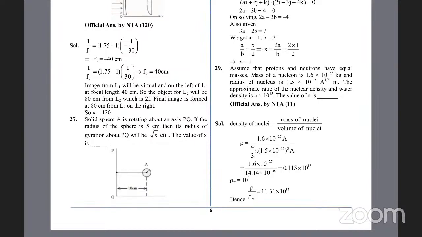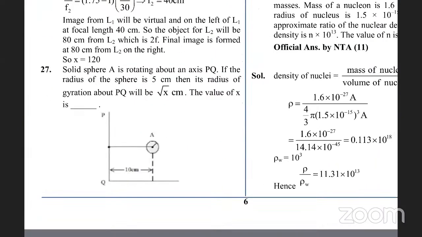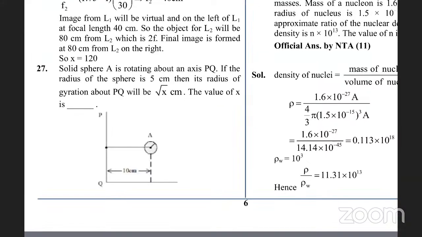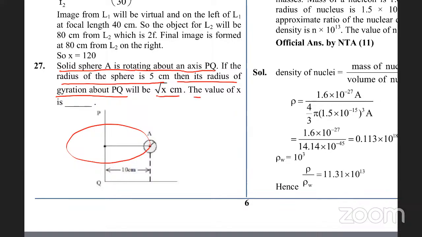Now look at 27th problem. Look at a solid sphere rotating about an axis PQ like this. The radius of the sphere is 5 centimeters, then the radius of gyration will be root x centimeter, the value of x.